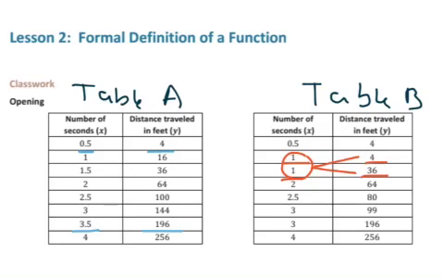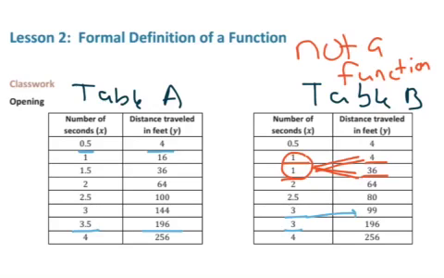So anytime it's making two different predictions at the same moment of time, that is considered not a function. And we'll look at a more formal rule, like I said, in a little bit, but I just wanted to get you thinking about that. Same thing here. How can we have at 3 seconds, this stone is at 99 feet and at 196 feet?